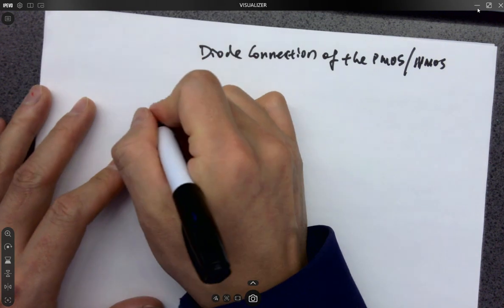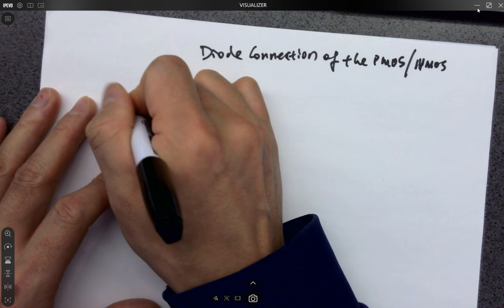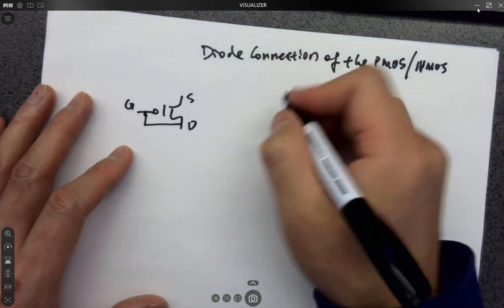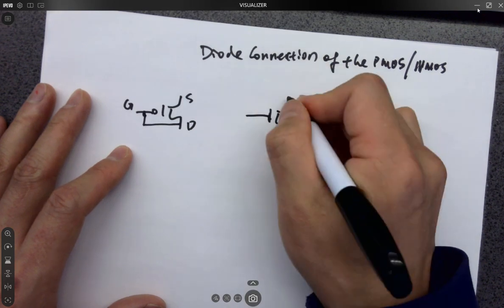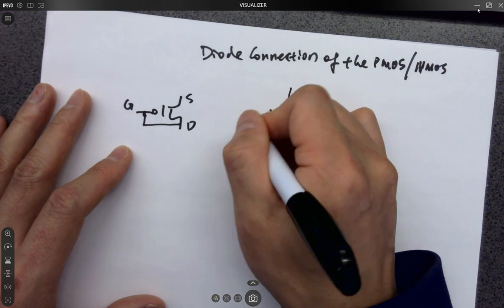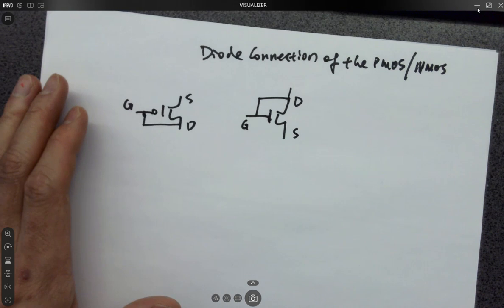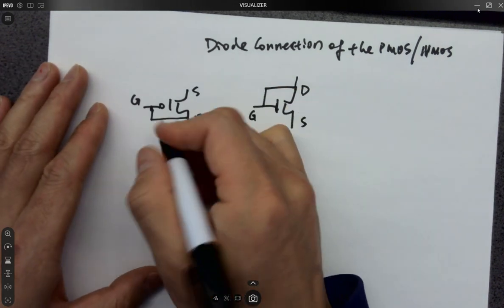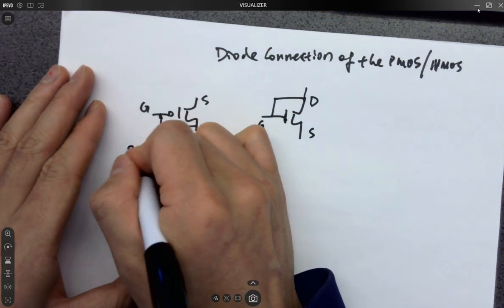The way that works is you have a PMOS like this, source, drain, gate, and you short these two terminals. For the NMOS, here's drain, source, gate, and you short these two terminals. In that case, both transistors are operating in the saturation region.